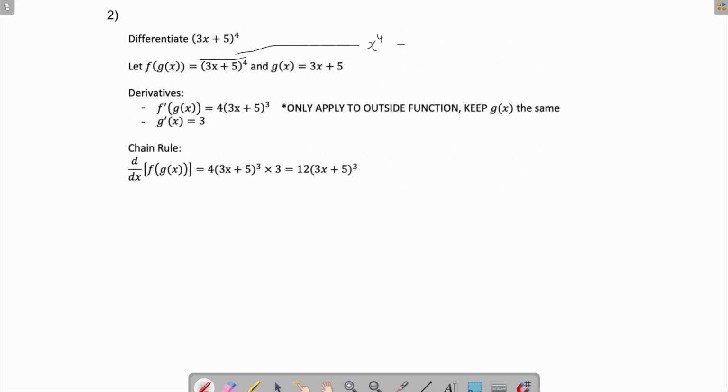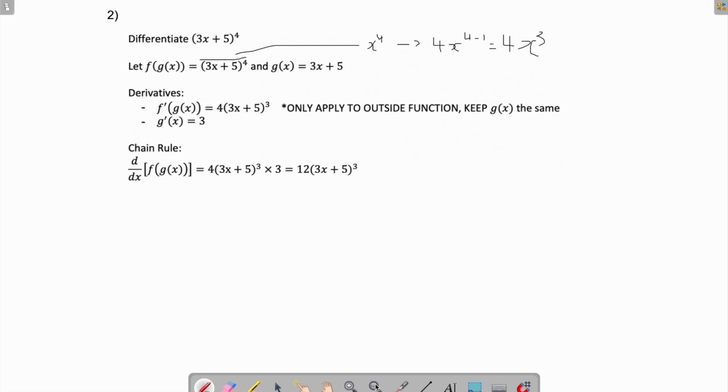And we know the derivative of that is you take the 4 down, you keep x the same, 4 minus 1. So simply it's 4x cubed. But what is x? x is our g of x. We keep that the same.